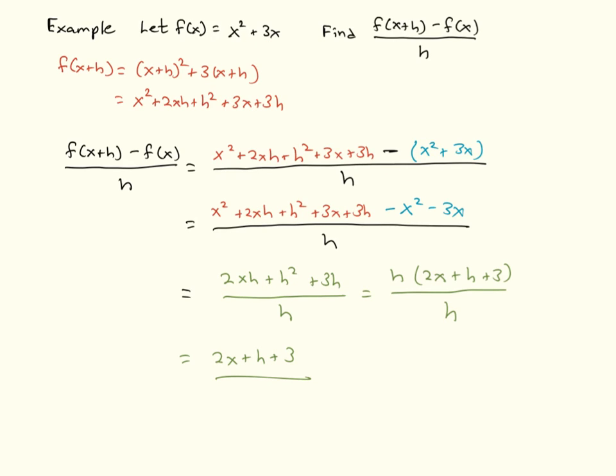Please notice I put parentheses around f of x, and you're going to want to do that because you're subtracting f of x, which means the negative has to be distributed to every term of f of x. When you do the distribution, that becomes x squared plus 2xh plus h squared plus 3x plus 3h minus x squared minus 3x, all over h.